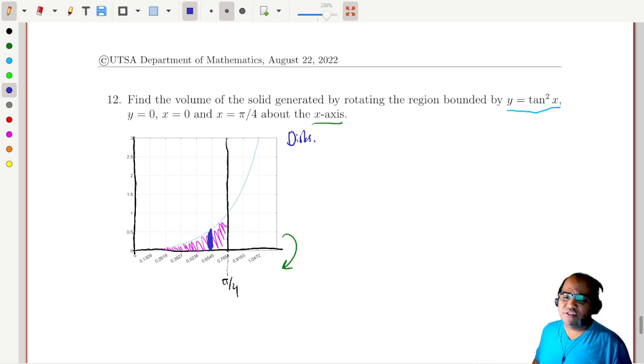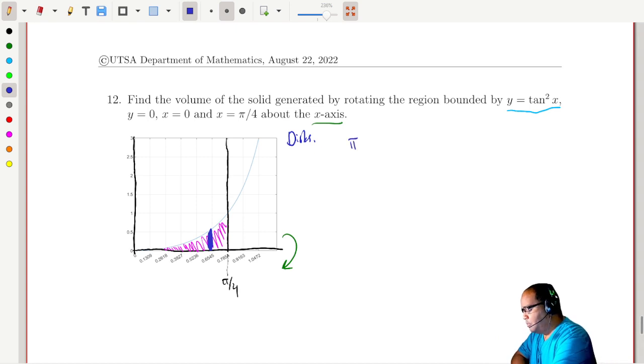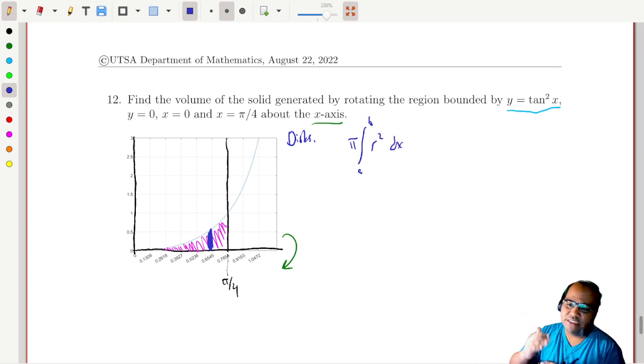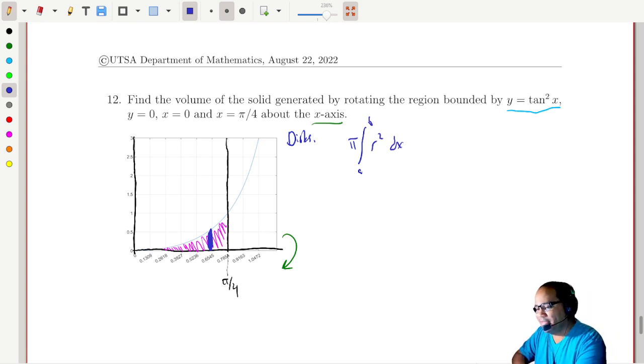Now remember our formula for disks. It's pi times the integral from a to b of r squared dx. The radius here is just the length of that strip. And what did we say? Go back to the video: top minus bottom. Well, it's just going to be tangent squared.